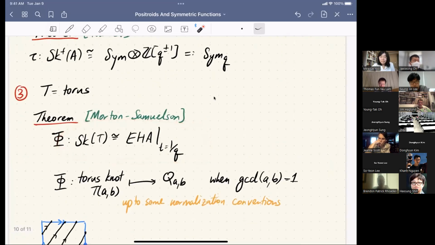There's further progress in this direction, and Morton and Samuelson have a further result that relates the whole EHA to the skein of a torus with a puncture in it, but it's a little more complicated, and there's a collection of conjectures, so it's not completely proven yet.